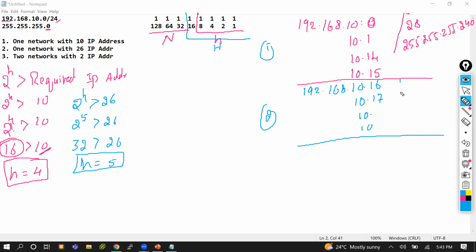Okay, before that, what will be the subnet mask? 27. 24 by default, then we have 25, 26, 27, and the subnet mask will be 255 dot 255 dot 255 dot 224. 128 plus 64 is 192, 192 plus 32 is 224. So now what will be the broadcast ID and the last valid IP address?